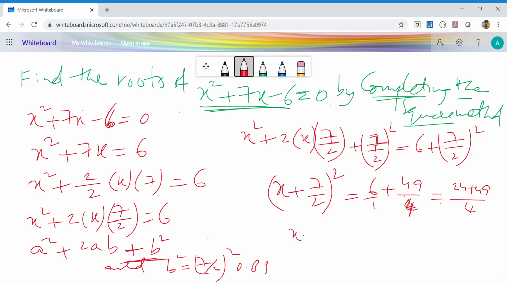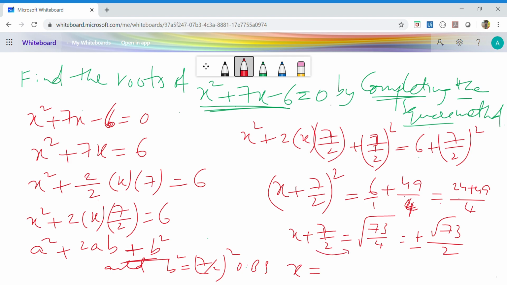Then x plus 7 by 2 whole square is equal to 73 by 4. I will transpose the square to the other side, and it becomes a square root: plus or minus root 73 by 2. And what is the x value?